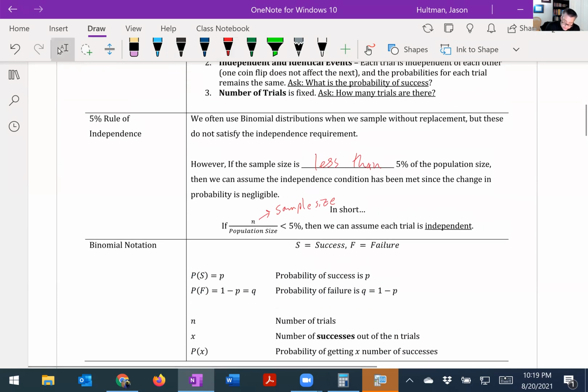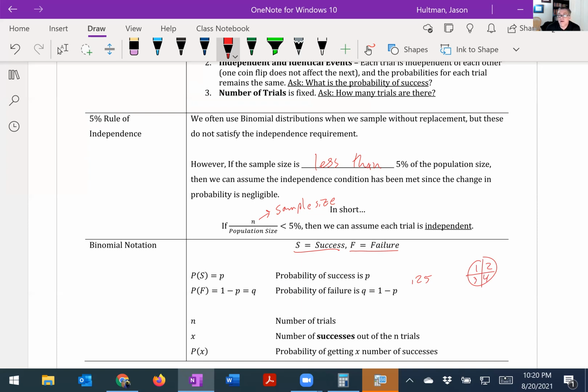Binomial notation. S is equal to success, F is equal to failure. The probability of S we call little p. The probability of a failure is 1 minus p, and that's q. For example, if p was 0.25, the probability of getting a 1 on a spinner, let's look at a spinner here with 1, 2, 3, and 4.